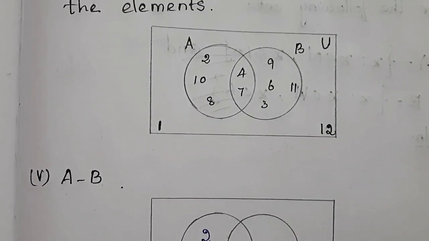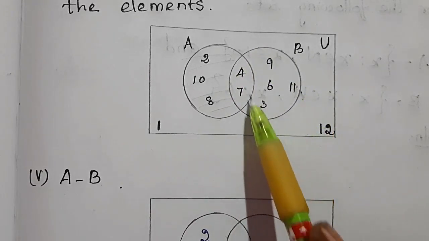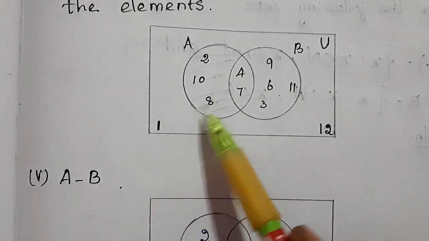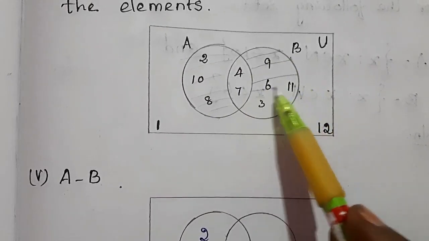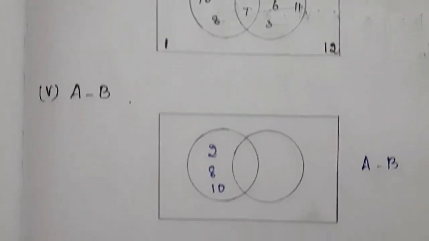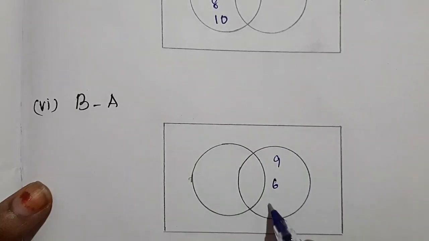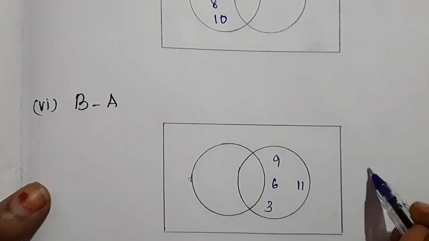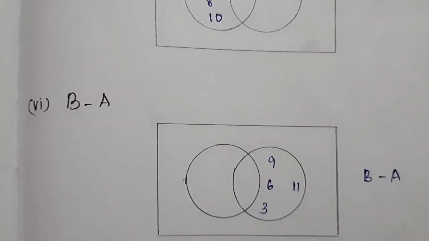So from set B, remove A. All the A part we remove, so we will get only this part. The elements are 9, 6, 3, 11. Are you clear? It is B minus A. Okay, we can practice some other exercises that will make these concepts easy to understand.